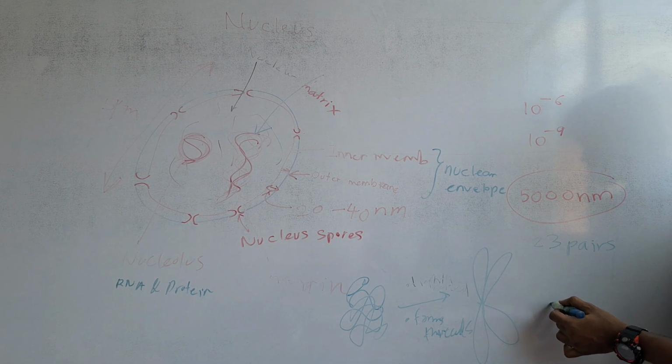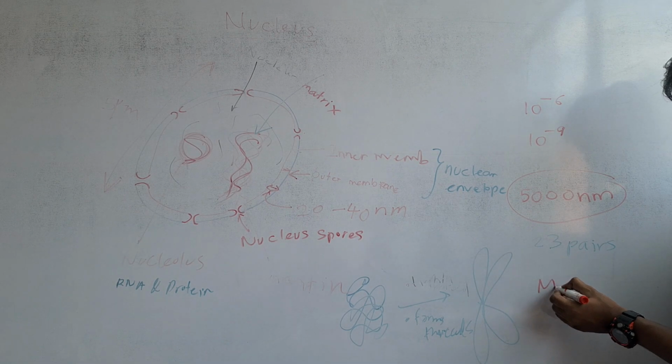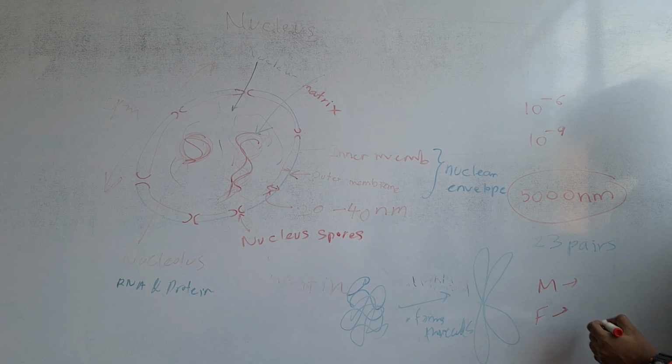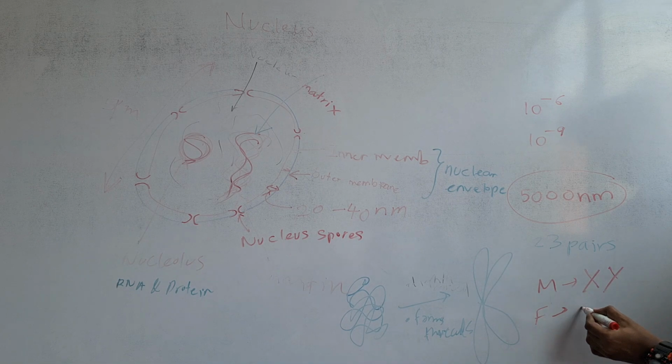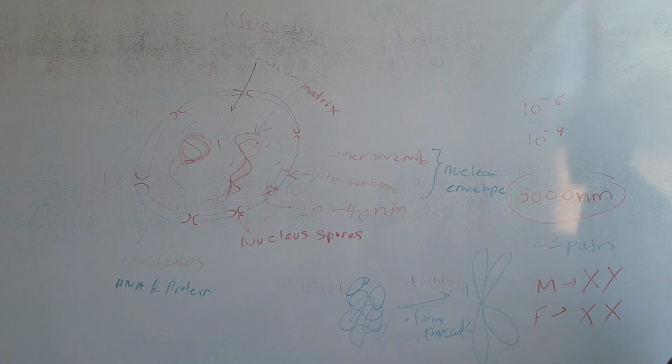In male XY, in female XX. So these are the sex chromosomes. In the human species, 46, that is 23 pairs. In other species, same or different? Different.